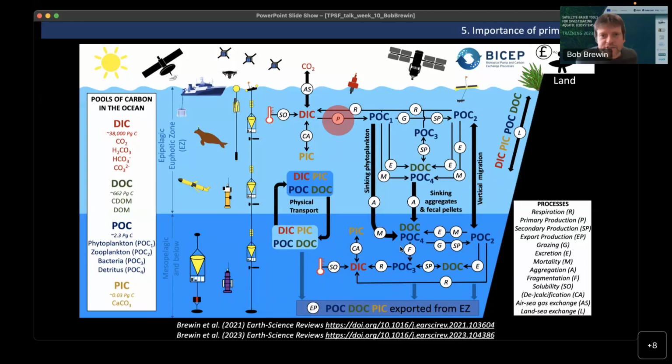Complex processes going on, but essentially the engine behind the whole of this is the primary production by phytoplankton in the ocean. The part of the image on the right here is just showing various ways we can monitor these pools and fluxes of carbon in the ocean, satellites being a big focus of this talk here.